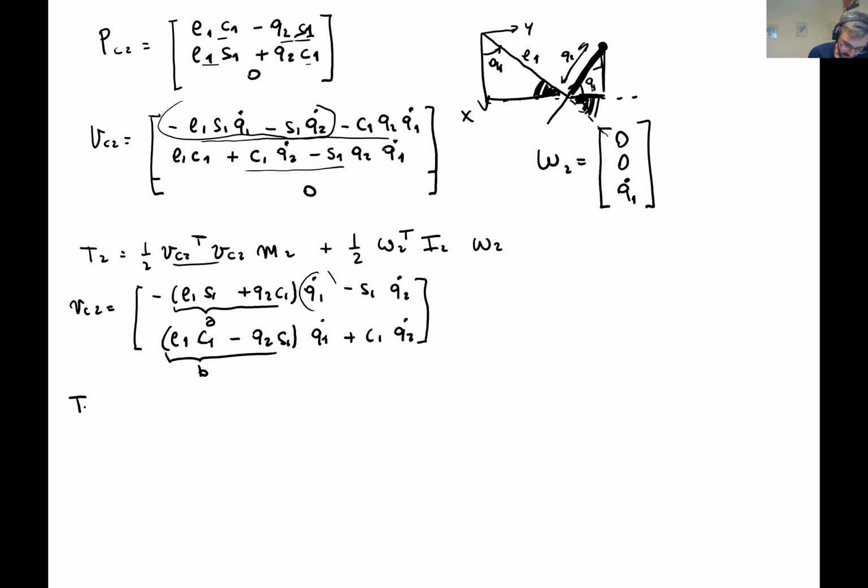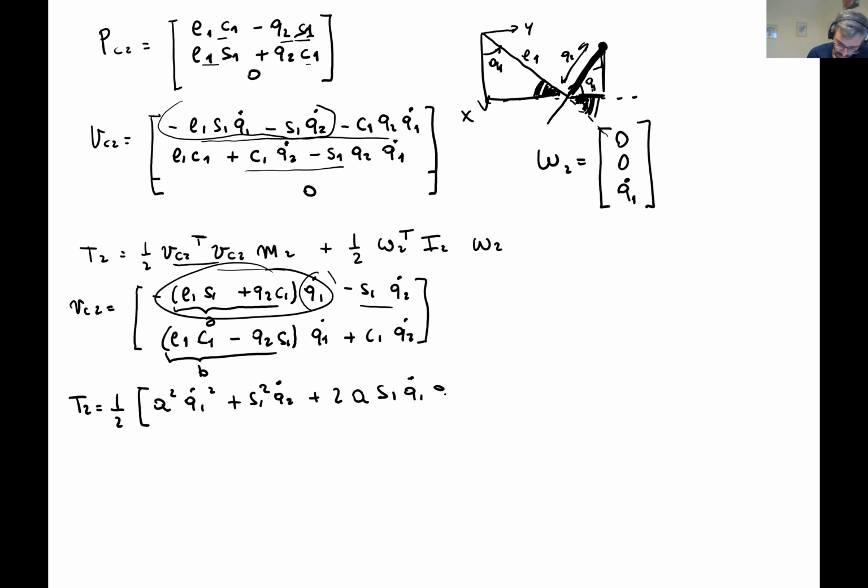With this in mind, we can compute the square of the first term, A squared Q1 dot squared, plus S1 squared Q2 dot squared, and the double product of the two, which because of the same minus sign will be positive: A S1 Q1 dot Q2 dot.